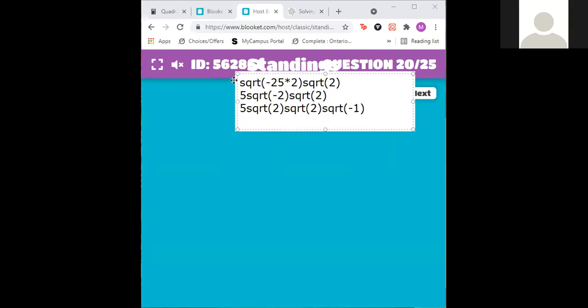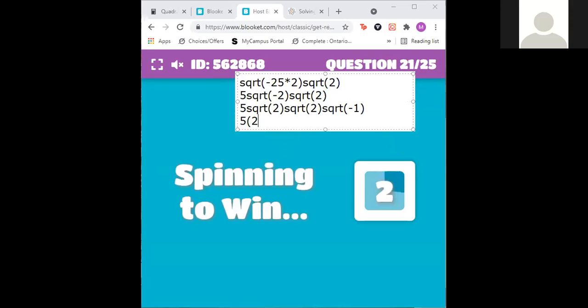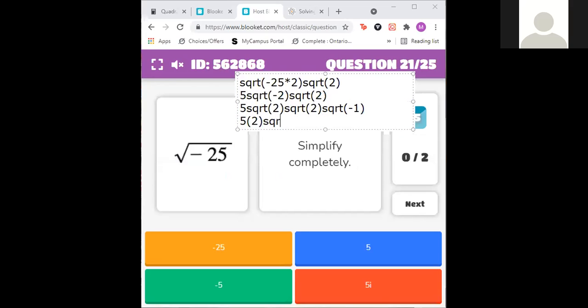Then the square root of 2 times the square root of 2 is just 2. Square root of -1 is i, so 10i. Simplify completely, so that would just be 5i.